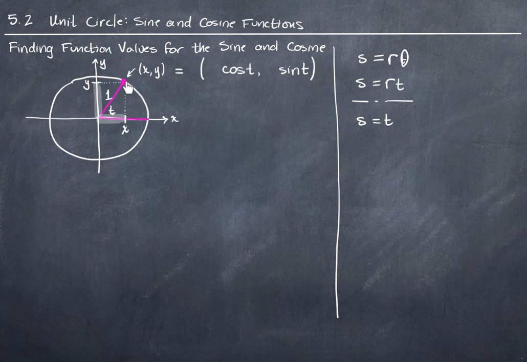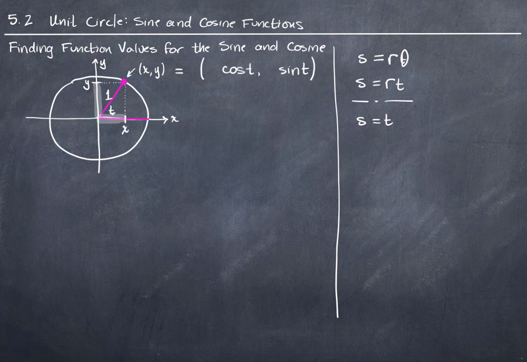Now the arc length out to some point is going to be measured in inches or millimeters or miles or something, and the angle is going to be measured in either degrees or radians, but the numerical measurement will be the same. So if my measurement out to this point right here along the arc is, say, 1.3, then the angle is also going to be 1.3, either radians or degrees.